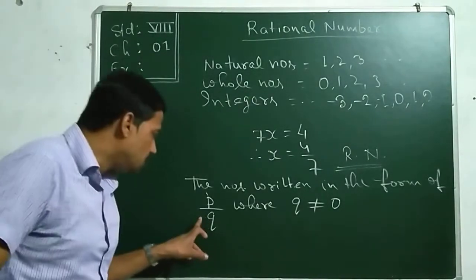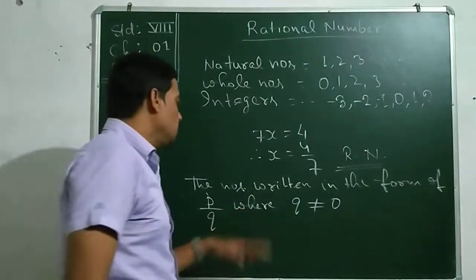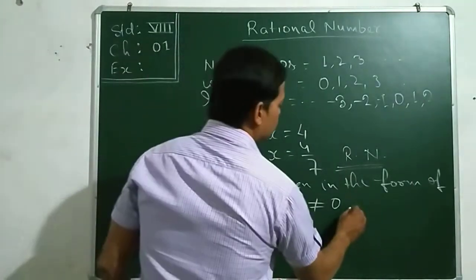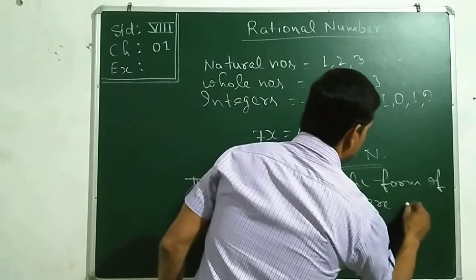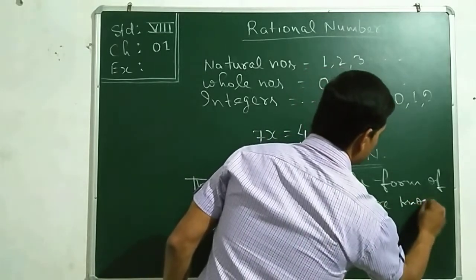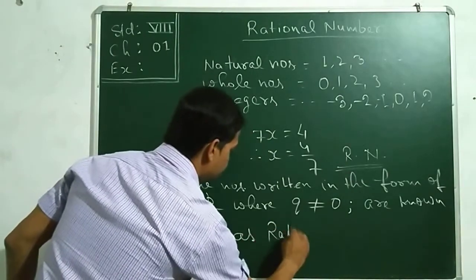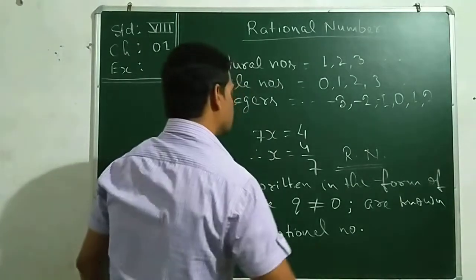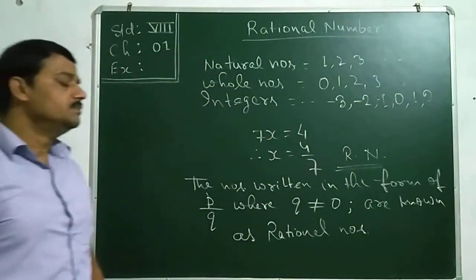So if Q is not equal to 0, then any number written in the form of P by Q is known as a rational number. I think you got the rational numbers.